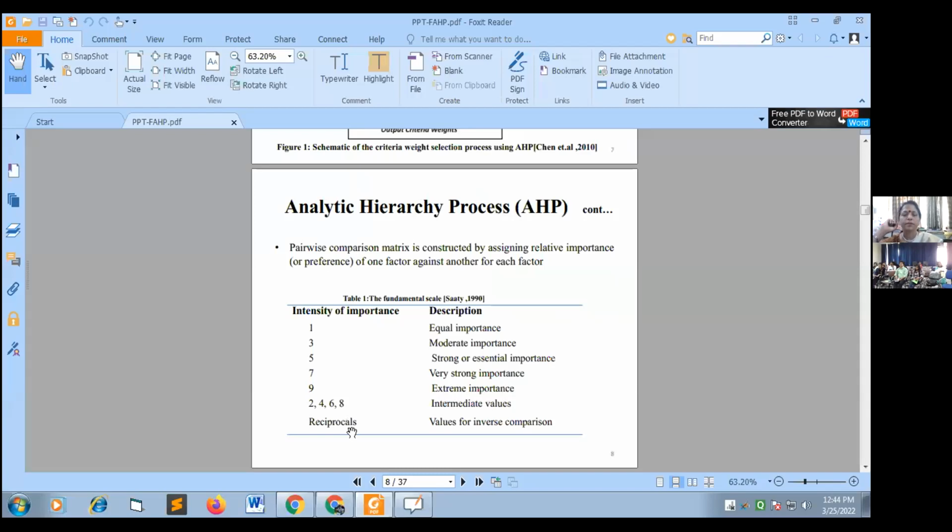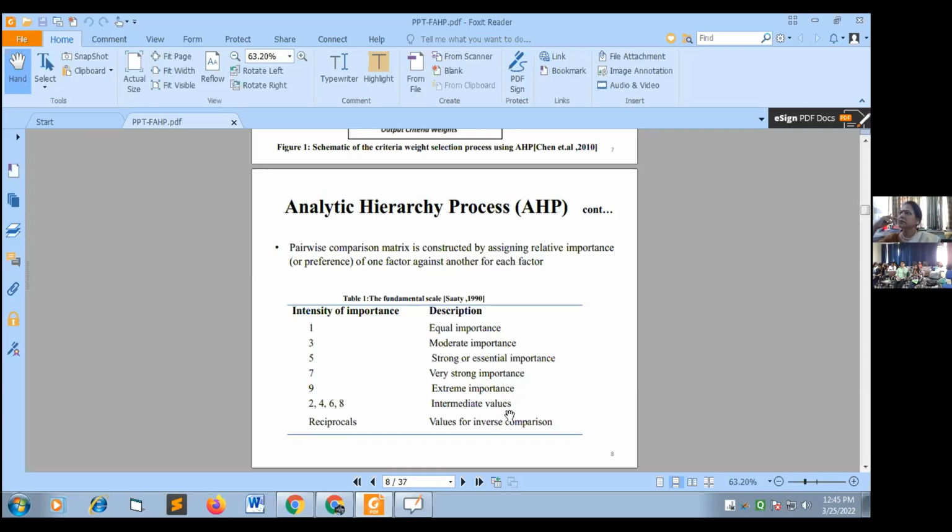The routine practice is this: if we have equal importance for each criterion, we give an intensity of importance of 1; moderate importance, we give 3; stronger importance, 5; very strong importance is 7; and extreme importance is 9.